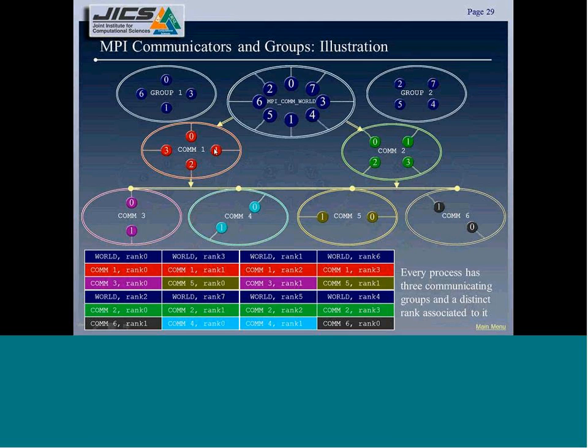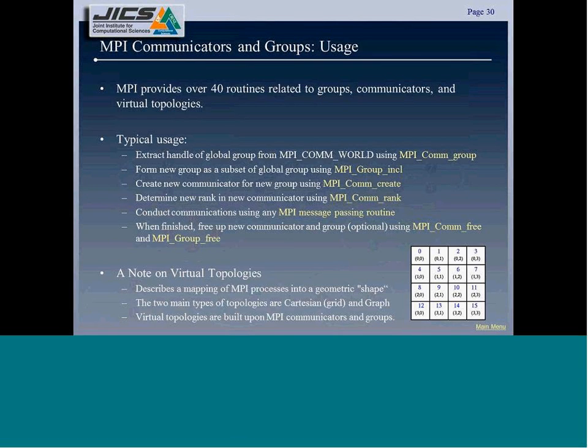So the process in the MPI_COMM_WORLD communicator will become a rank in a communicator called COMM5. So this is how it goes. Every process has 3 communicating groups and a distinct rank associated with each. So each process has different ranks.